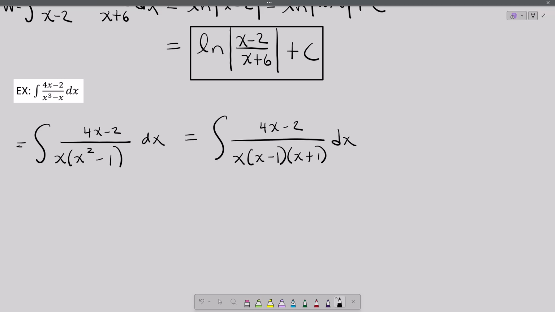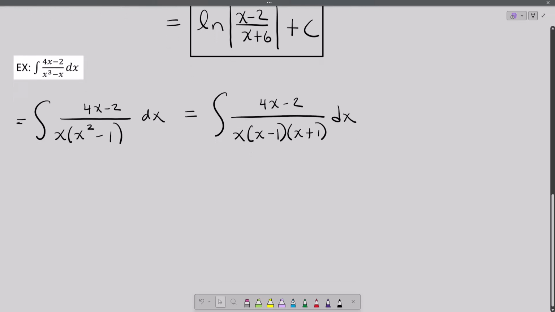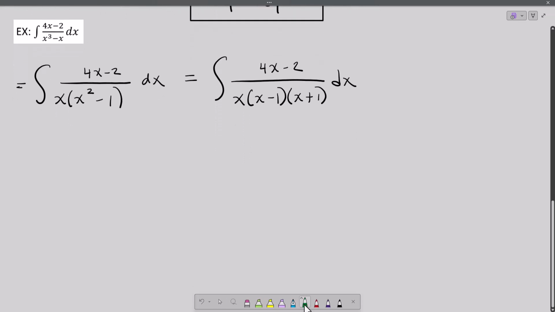So we need to totally factor the denominator before we can do our PFD. We've got to make sure that we get everything down to linears. And if we can't get it all to linears, any quadratic has to be irreducible, something like an x squared plus 1, not a difference. Differences are usually factorable. Okay, so now we want to build the structure of our PFD.